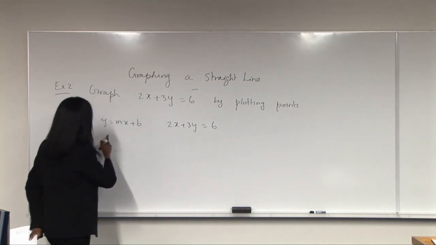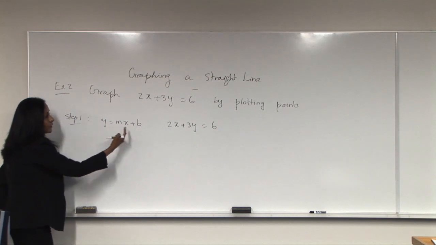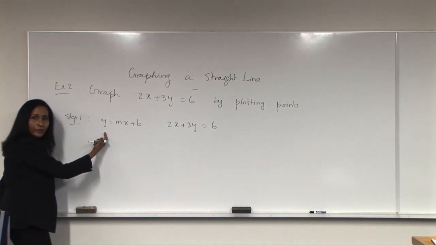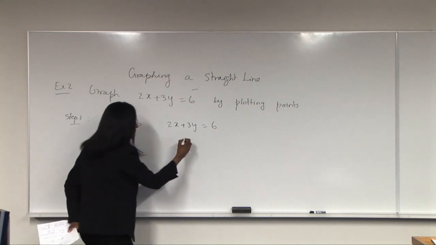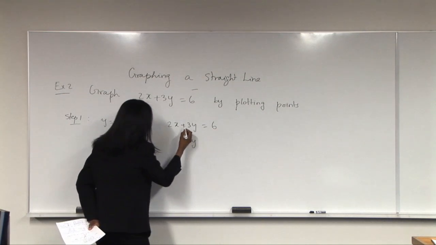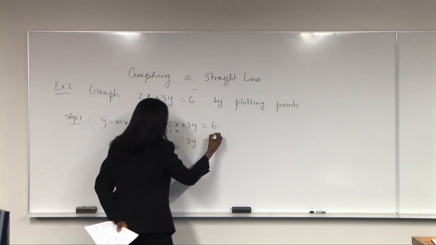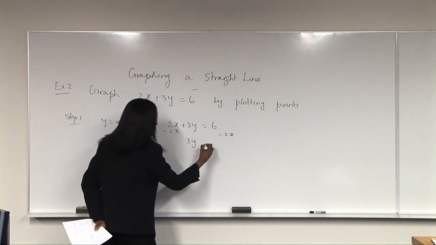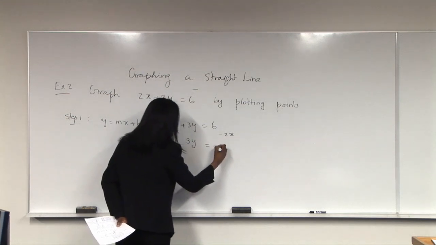So now to write y is equal to mx plus b, you need to solve for y. So we need y alone on one side. So with 3y, we have to subtract 2x from both sides. 3y is equal to, so I'm going to write the x term first and then the constant second.